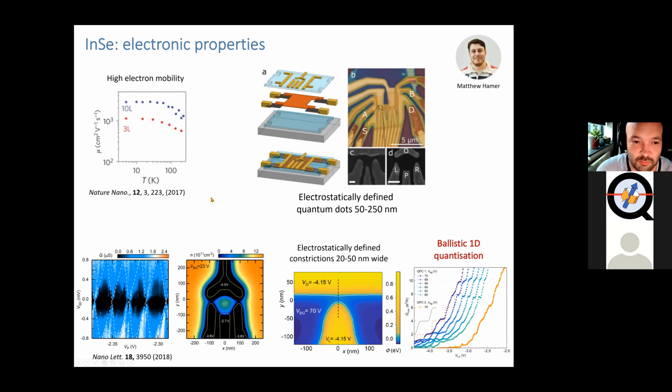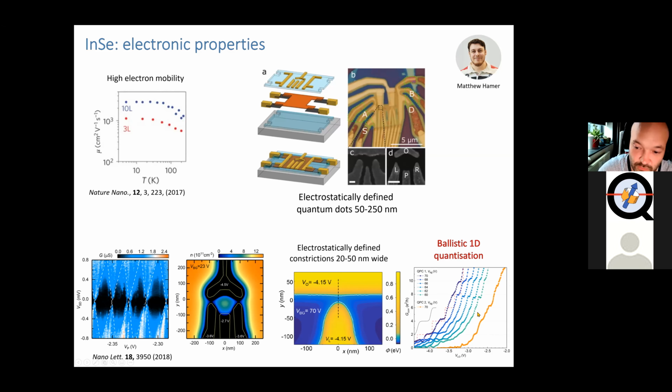In terms of transport properties, the material quality is high enough to be able to confine electrons. So we measured a quantum dot geometry, where we could see Coulomb diamonds. We also created a one-dimensional constriction and saw ballistic 1D quantization here. You can see the steps here throughout as a function of the backgate voltage.